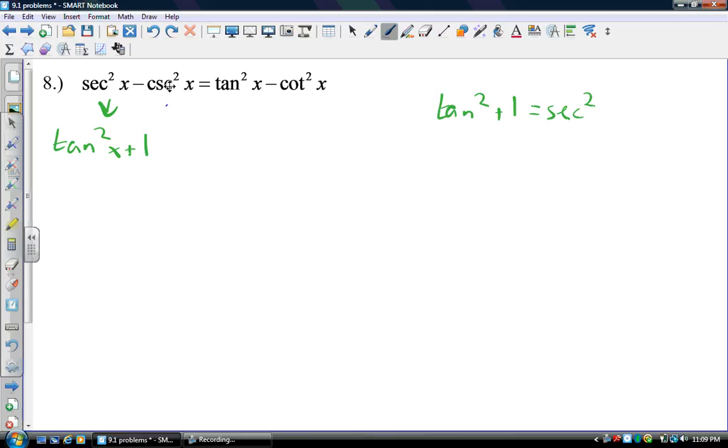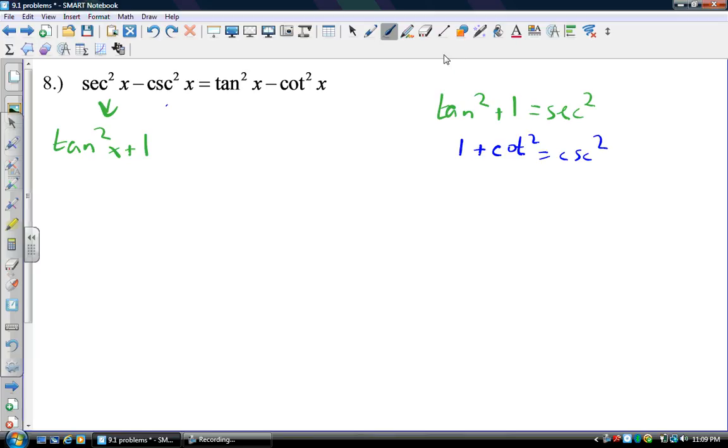Now, is there a link between cosecant and cotangent? Yeah. There's another Pythagorean identity that said 1 plus cotangent squared was cosecant squared. And when I was learning this, I was wondering, is there really a reason why the 1 is second, and then down here the 1 is first?